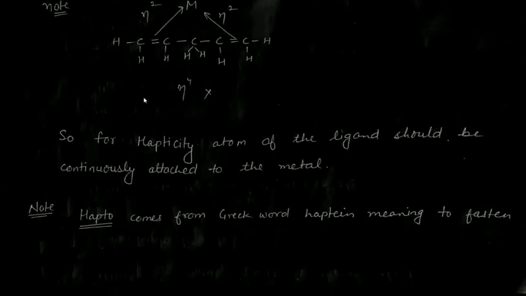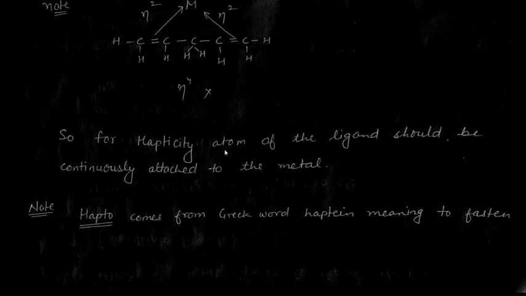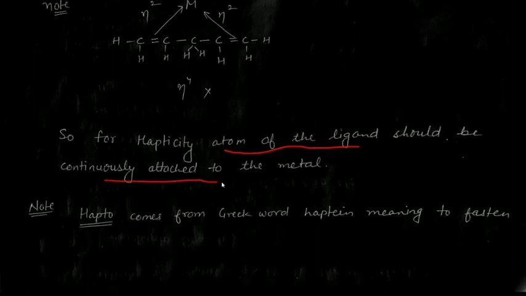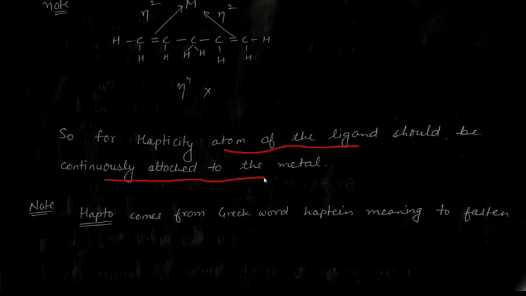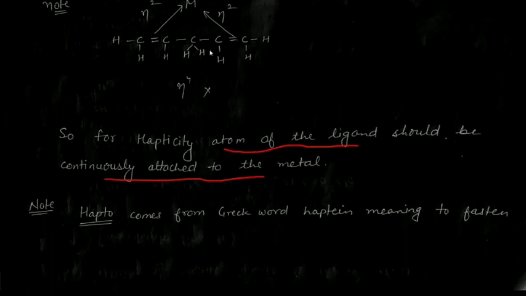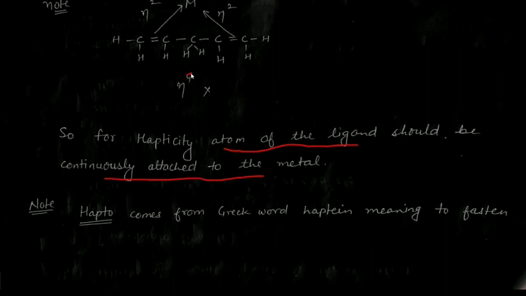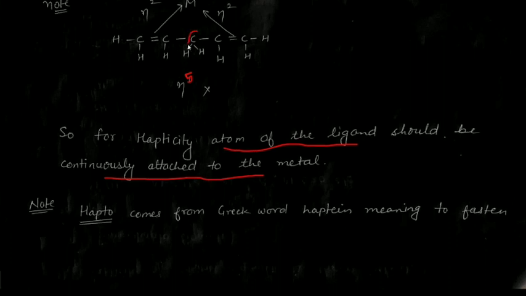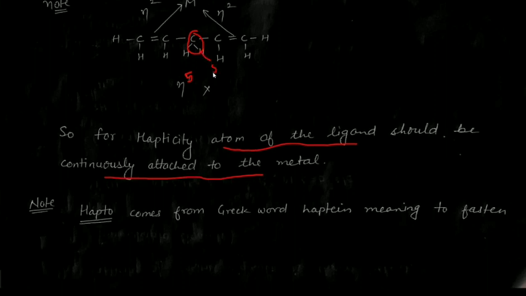There is one more important thing for hapticity: the atoms of the ligand should be continuously attached to the metal. For example, for this compound we can't say that its hapticity is 5, because this carbon is sp3 hybridized, and this carbon is also sp3 hybridized.